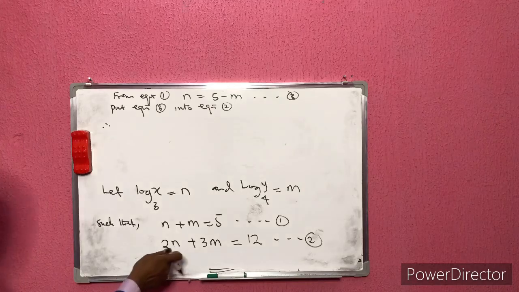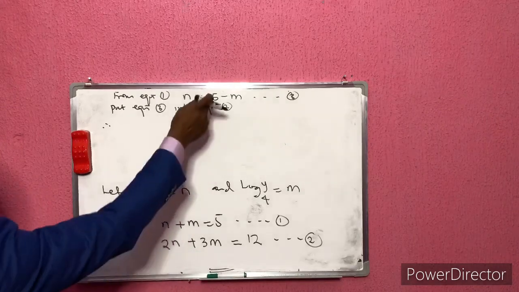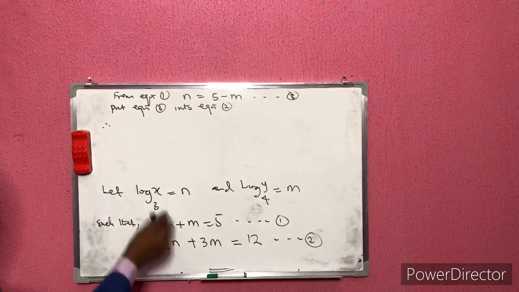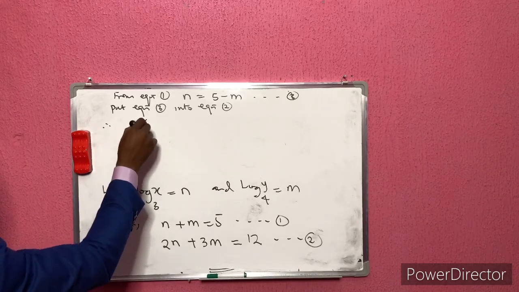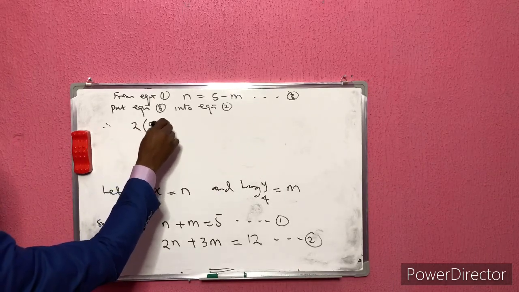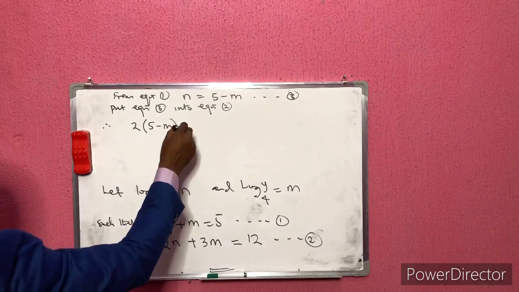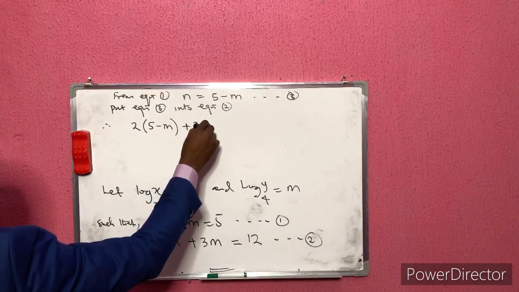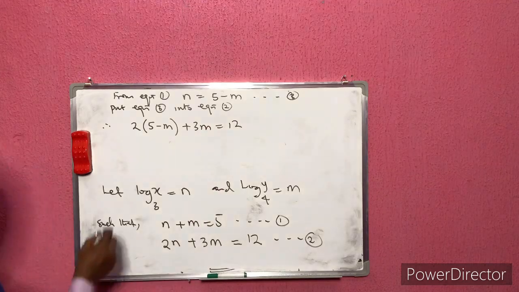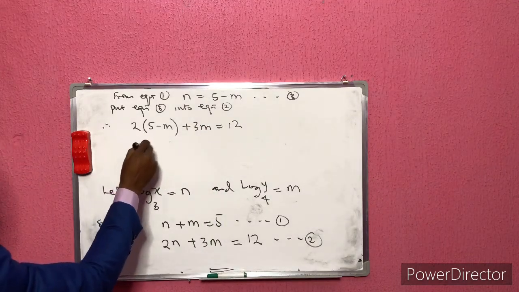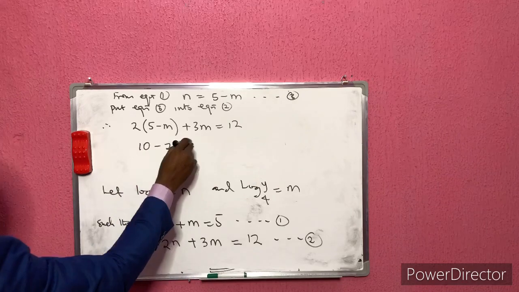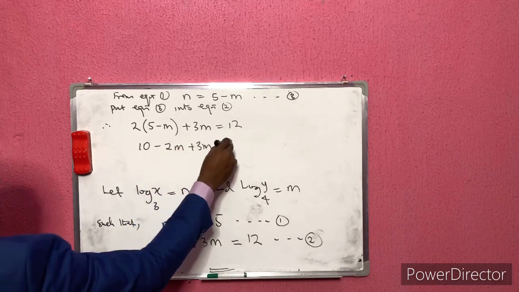Therefore, in equation 2 here, anywhere I see n, I'll put 5 minus m. This is 2n. I'll remove the n and put 5 minus m, plus 3m equals to 12. This times will give you 10 minus 2m plus 3m equals to 12.